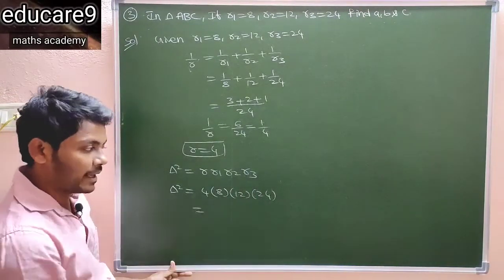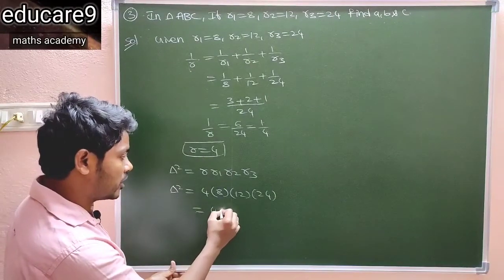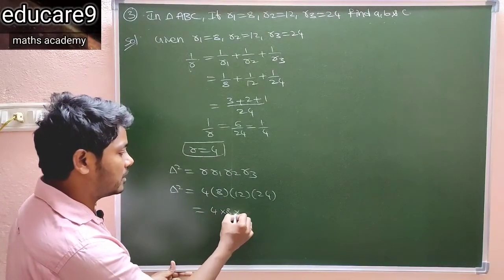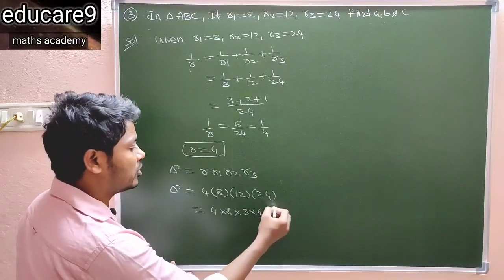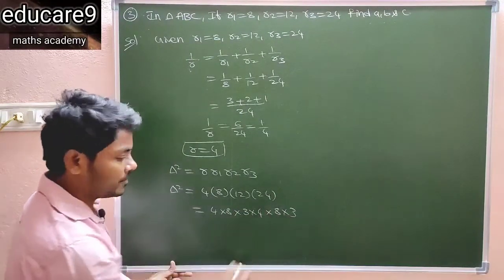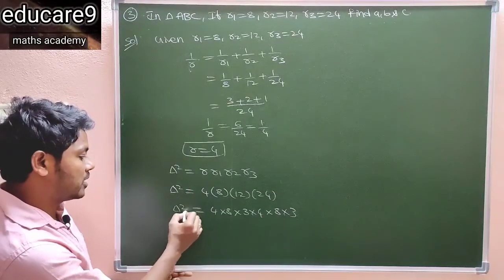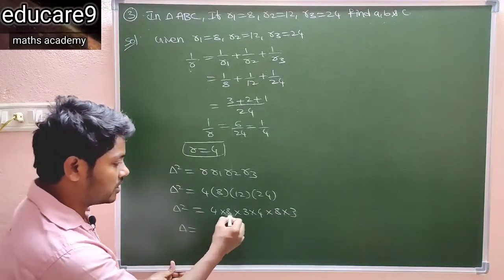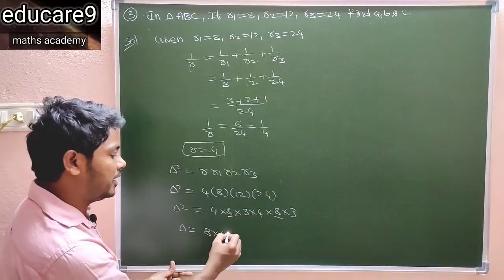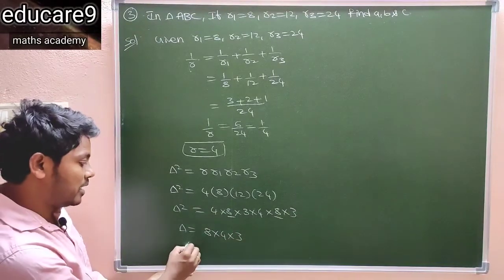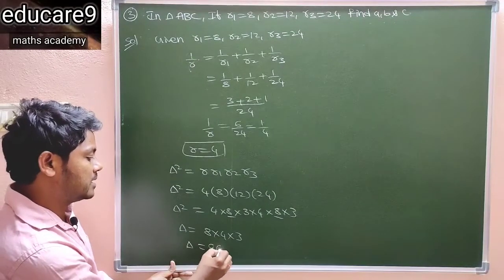So this can be written as 4 into 8, next 12 can be written as 3 into 4, next 24 can be written as 8 into 3. So this is delta square. Therefore delta is equal to how much? 8, next 4 into 3. So delta is equal to 96.